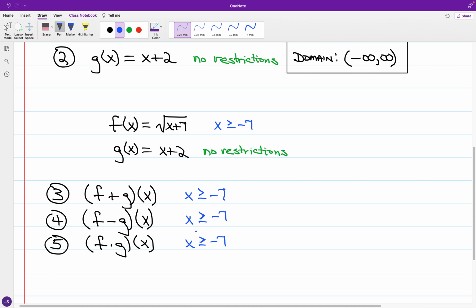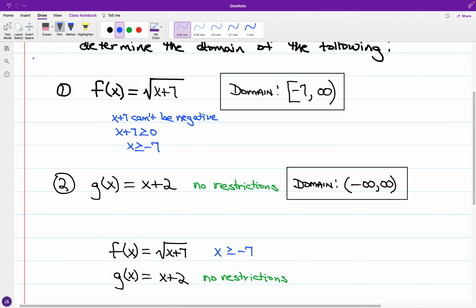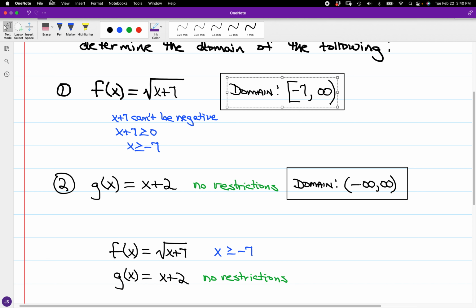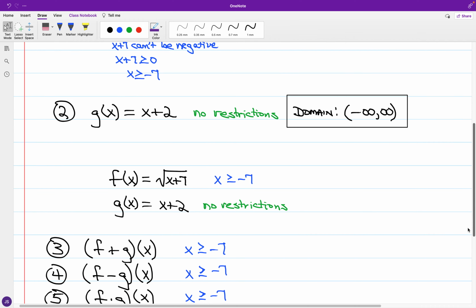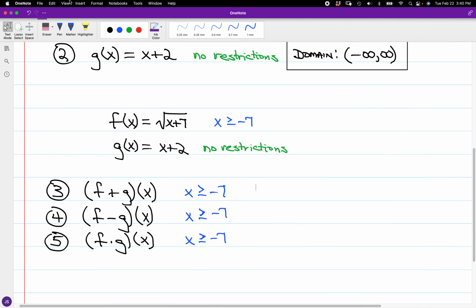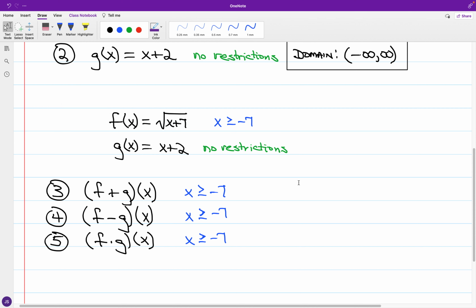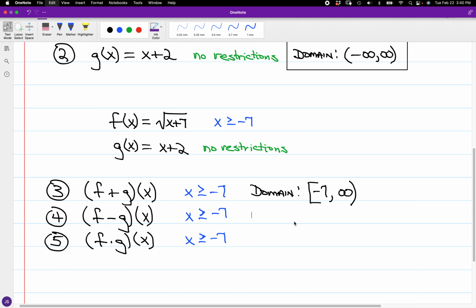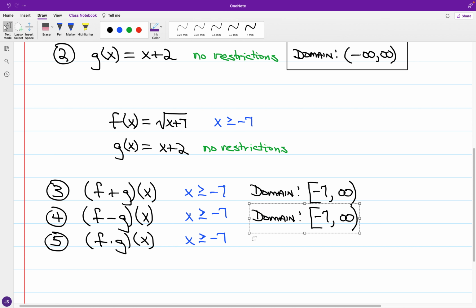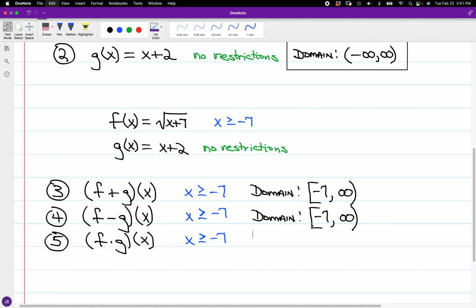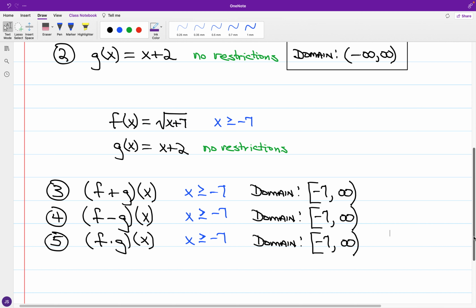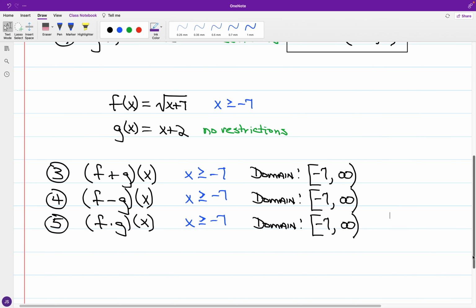So the domain of the sum, difference, and product functions will be the same as what we have for just f of x. The sum, difference, and product functions have the same restrictions, thus the same domain.